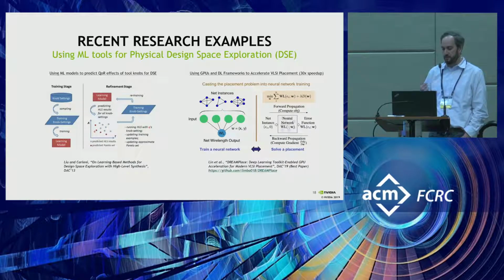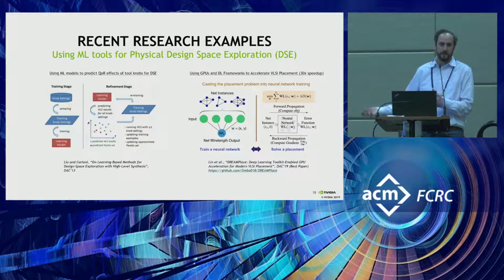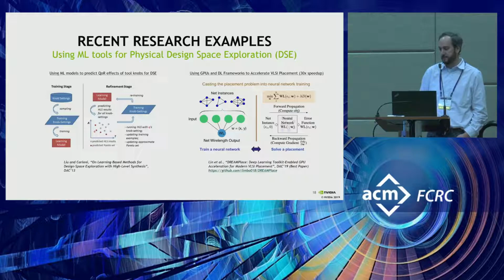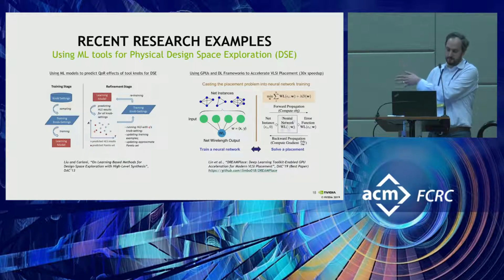So you can just use all these libraries that are out there to get this running really fast on a GPU. Using this approach, we were able to show about a 30x speedup compared to the best academic multi-threaded CPU implementation on this problem. So I think this is also a fruitful area, and I encourage people who are interested to go down this path.